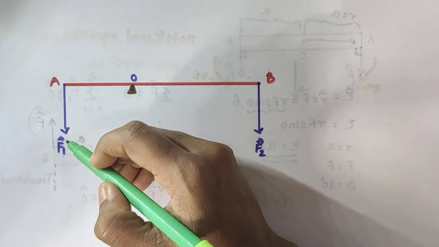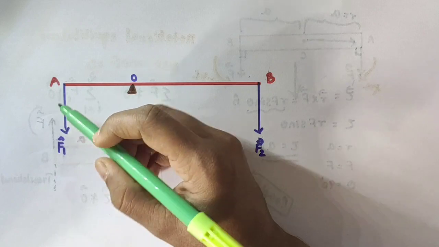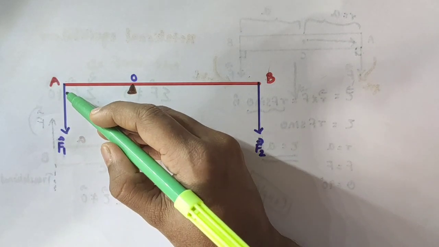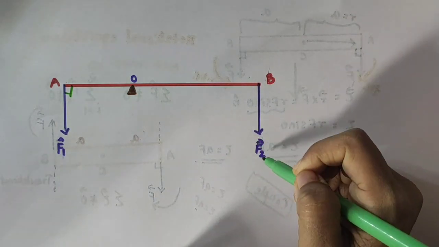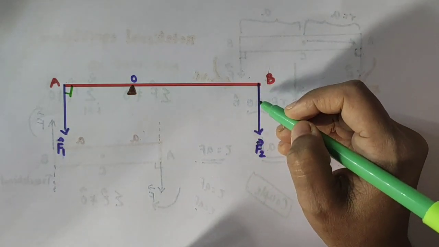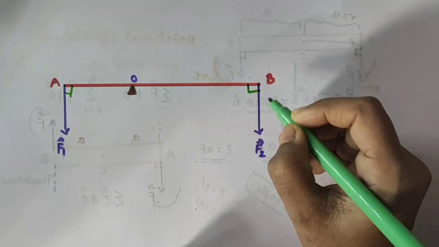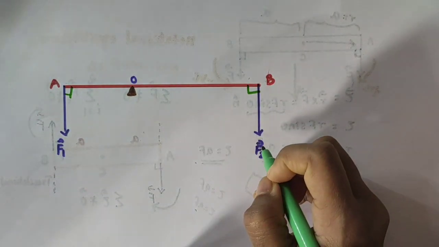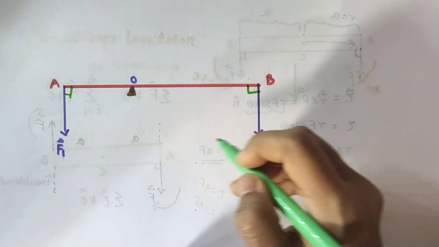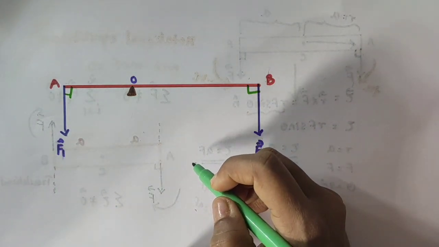A force vector F1 acts at the end A perpendicular to the lever, and a force vector F2 acts at the end B perpendicular to this lever. These force vectors F1 and F2 are parallel to each other.